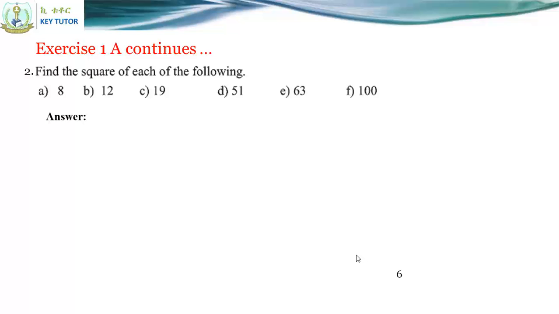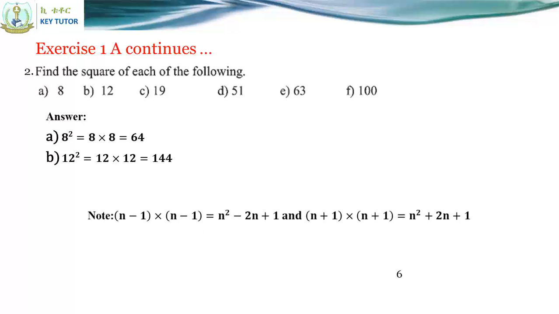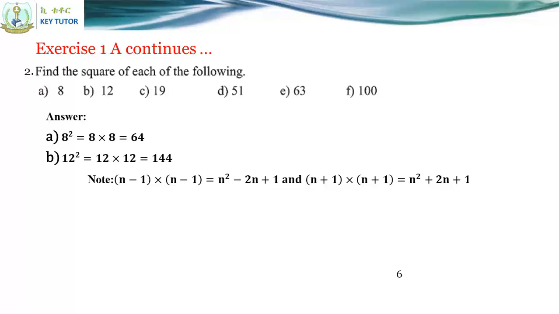Find the square of each of the following. Obviously 8 square is 64, 12 square, it has to be automatic, 144. 19 square, well, if you only know the squares of numbers from 1 up to 9, then you need to have a means of determining 19 square.